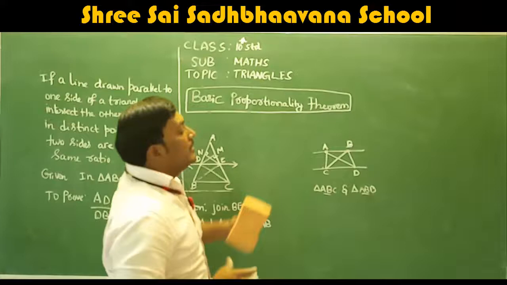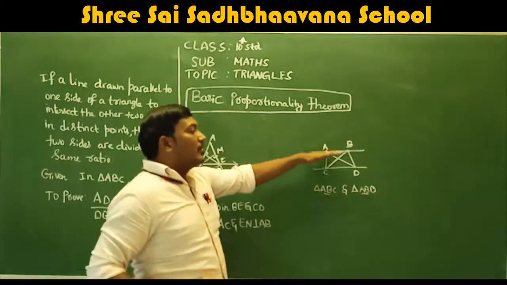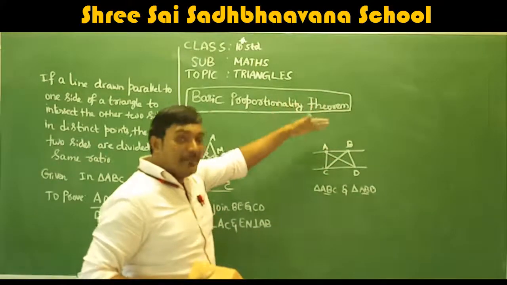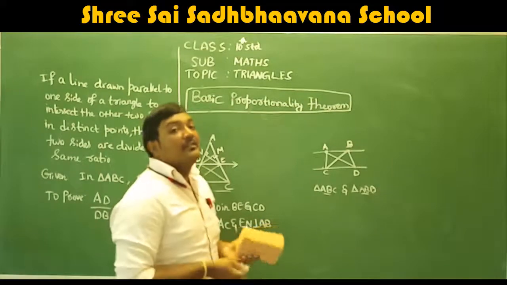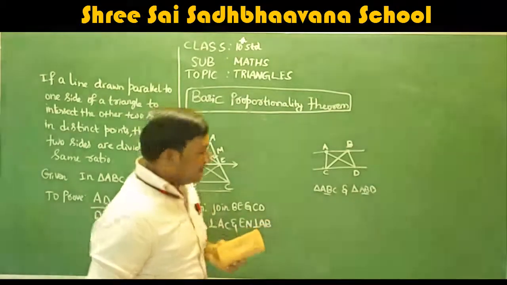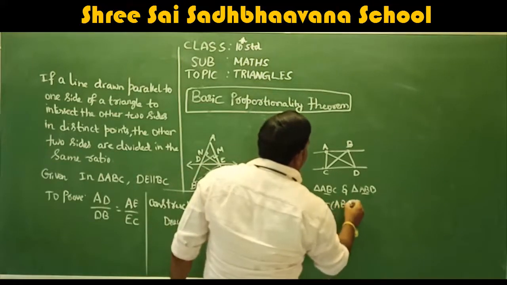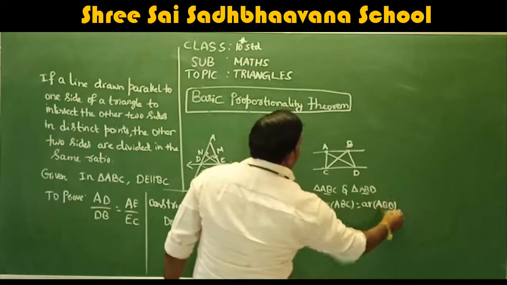Always remember, any two triangles lying between two parallel lines and having the same base, the areas of those triangles are equal. It means area of triangle ABC is equal to area of triangle ABD.